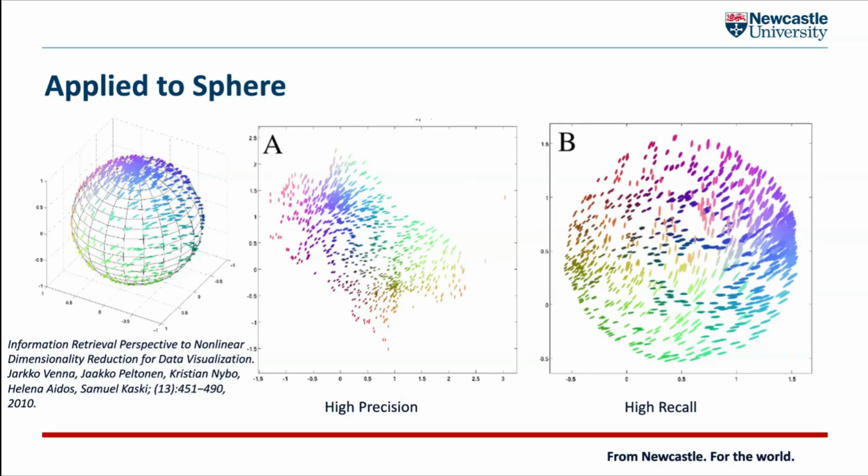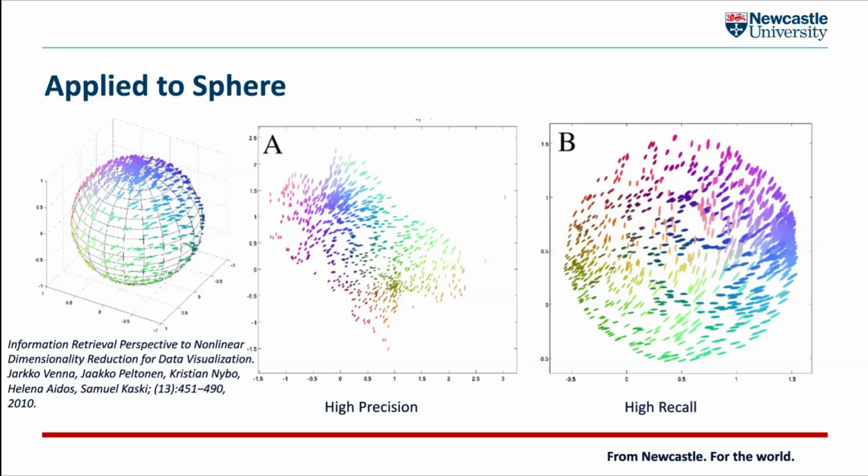Likewise, you can do the opposite. You can do very, very high recall with low precision. In this case, it basically takes the sphere and smushes it. When you do that, you will not miss any of the neighbors along this border.